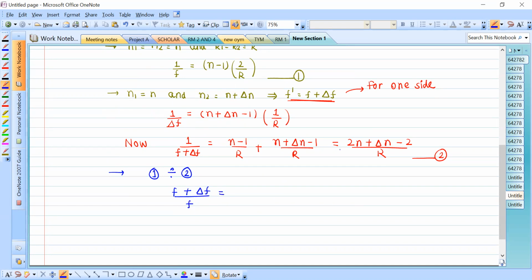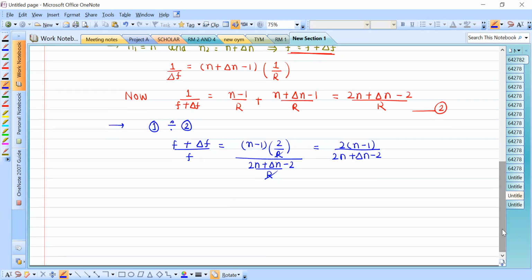Similarly, if we simplify, n minus 1 times 2 by r in the denominator, 2n plus delta n minus 2 by r, and as you can see this r gets cancelled, so 2 times n minus 1 over 2n plus delta n minus 2. So this we got. Now with a little more simplification, this will be 1 plus delta f over f equals 2 times n minus 1 over 2n plus delta n minus 2.